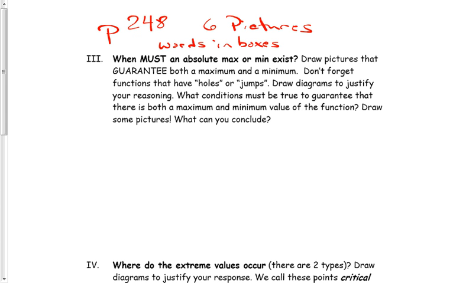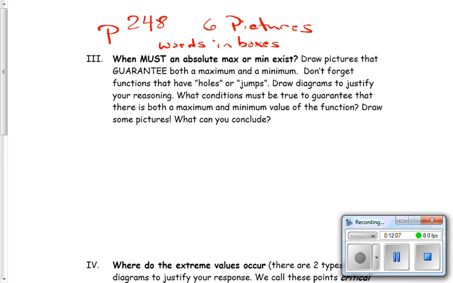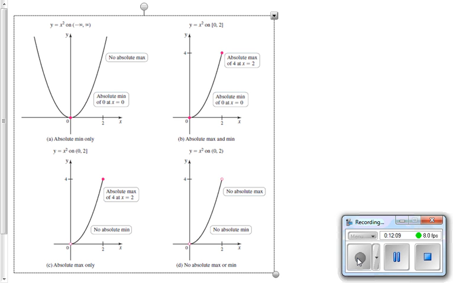Why does this one have a max? Why does this one not have a max? Why does this one have a min? Why does this one not have a min? Why does this one have neither? Why does this one have both? So I want you to take about a minute and a half and just look through and try to digest page 248 because I think you can do a lot of it on your own. I'm going to pause the recording here and then we'll come back together.